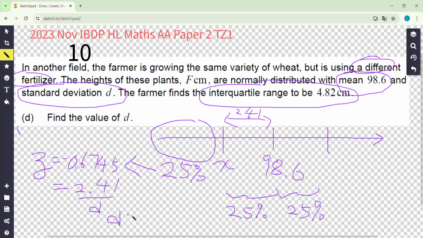So what's the standard deviation? It's 2.41 over 0.6745. Then use your calculator and you'll find out it is 3.57.